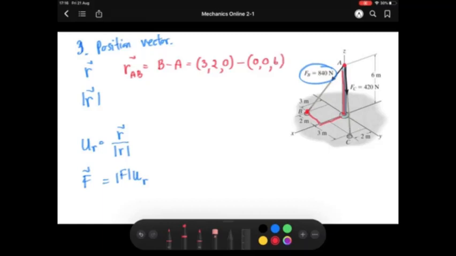So you should get the vector RAB as 3, 2, minus 6, or we can write it as 3i plus 2j minus 6k.